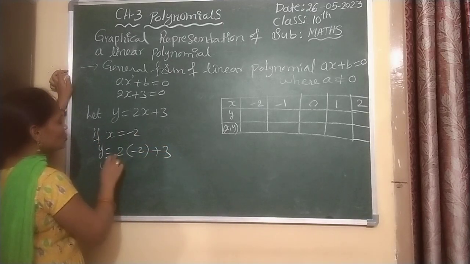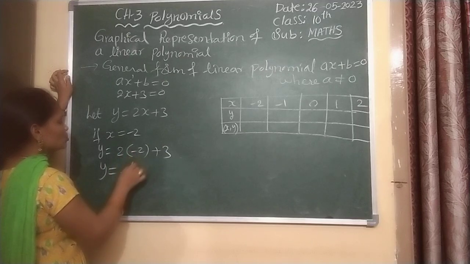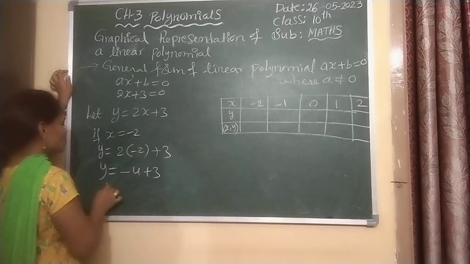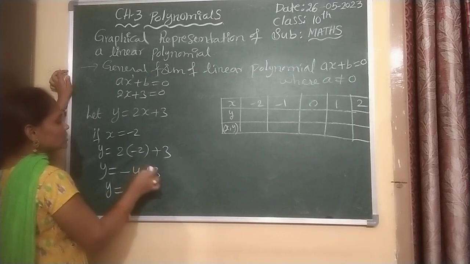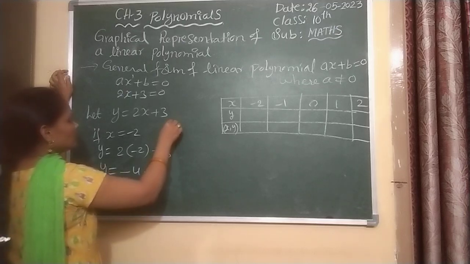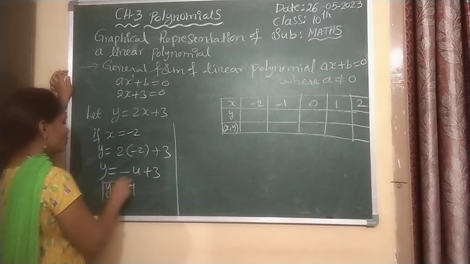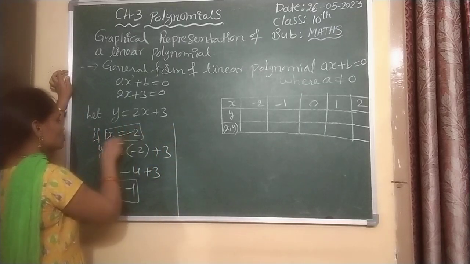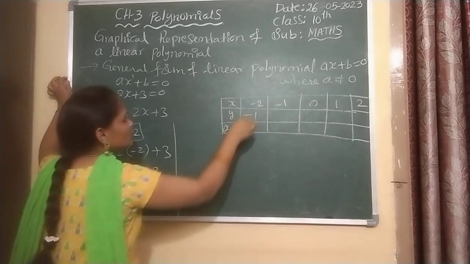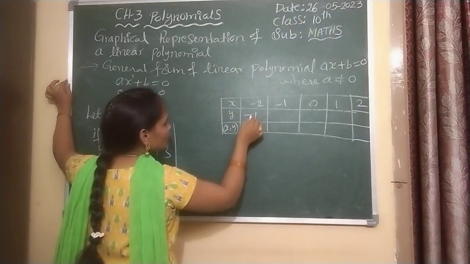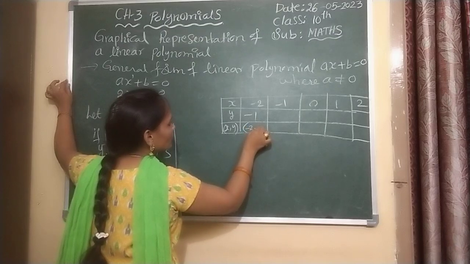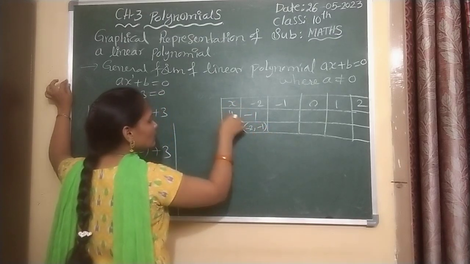So y = 2 into -2, which is -4, plus 3. So y = -4 + 3 = -1. Here the y value we got at x value -2 is -1. So the coordinates become (-2, -1), the x, y value.